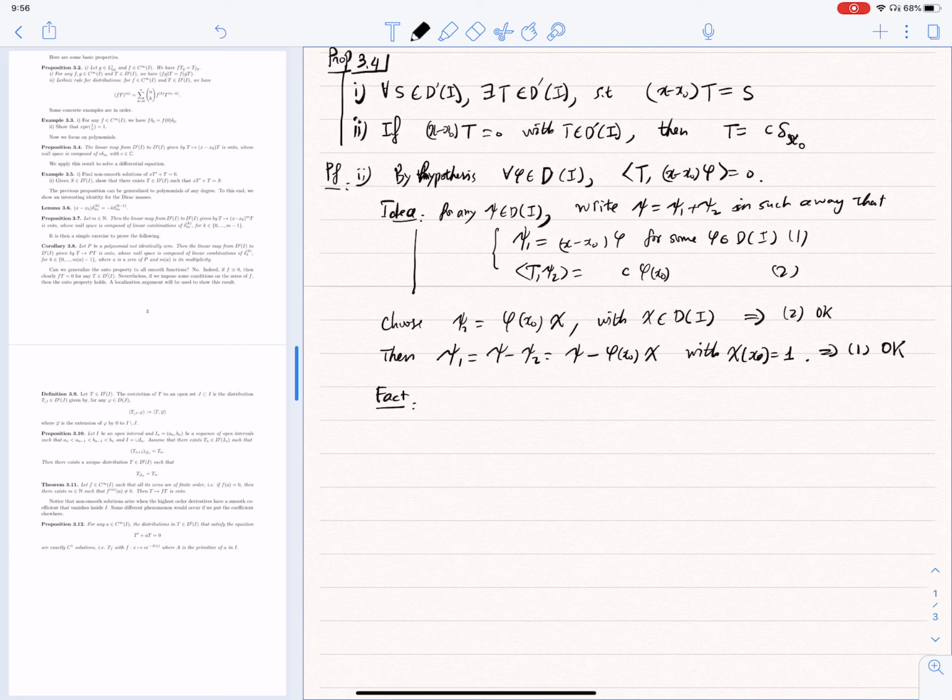Any test function, let me use another notation, test function theta, is equal to 0 at x naught, if and only if theta of x can be written as (x minus x naught) times phi, with phi a test function. Okay.